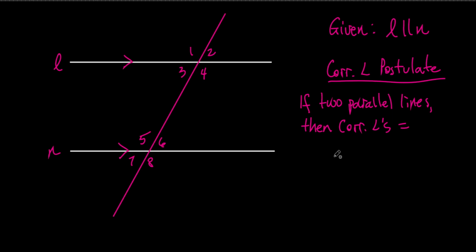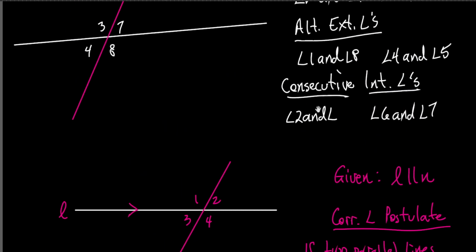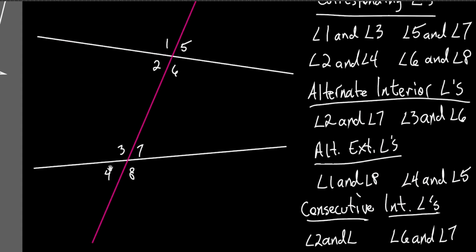Everybody with me on that? So if two parallel lines are cut by a transversal, again, I just didn't feel like writing out cut by transversal. So if you have two parallel lines, then the corresponding angles are equal to each other. The lines have to be parallel. So if I went back up to there, 1 and 3 are corresponding.